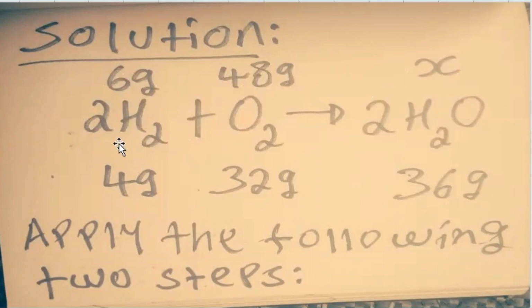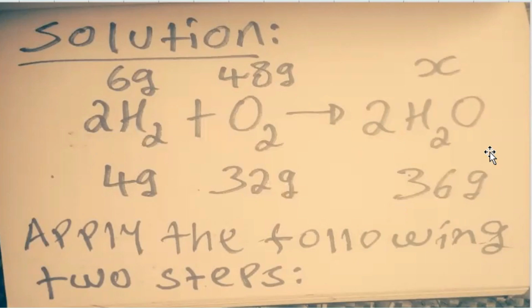From the stoichiometry proportion, 4 gram of hydrogen must react with 32 gram of oxygen to produce 36 gram of H2O. The atomic mass of hydrogen is 1 and the atomic mass of oxygen is 16.